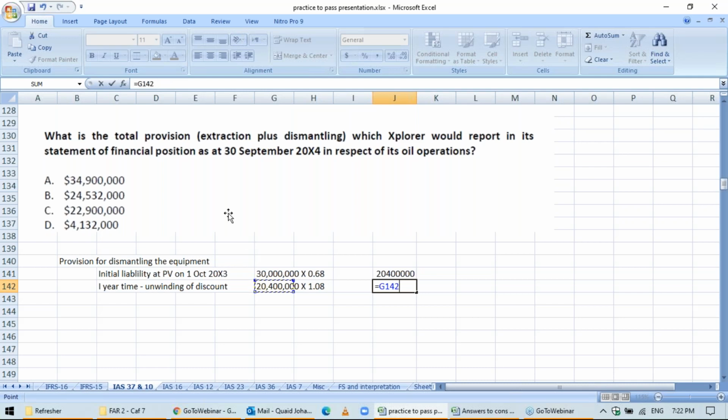If you multiply by 1.08, you will get the overall liability, which is just the amount multiplied by 0.08 added on. So you add the interest to it. So 20 million multiplied by the 8% interest for 1 year.